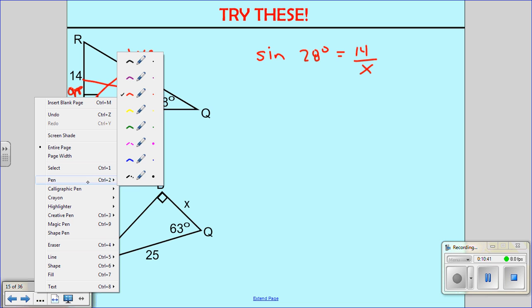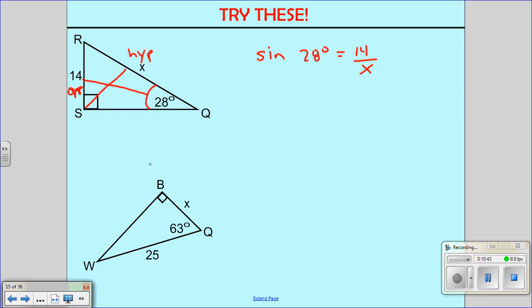For the next one, similar idea, let's look at the reference angle and what sides we're provided with. The reference angle is Q down here, 63 degrees. We have the side across from the 90 degrees, so we have the hypotenuse. And we also have the side next to it, which is your adjacent.